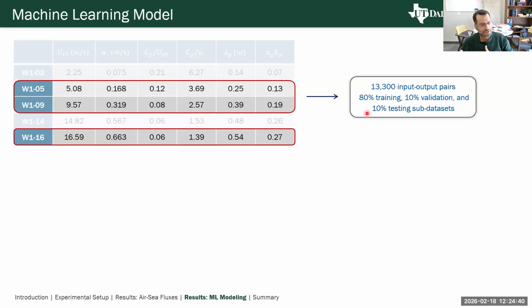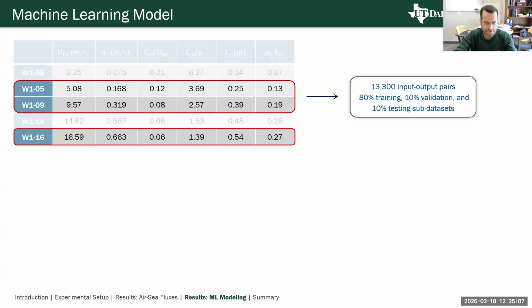We use the 10% to validate this and make sure that there is no mistake in that prediction, and there is no missing physics that we cannot predict. So this is important for what is called overfitting.